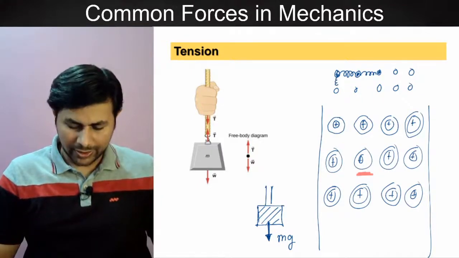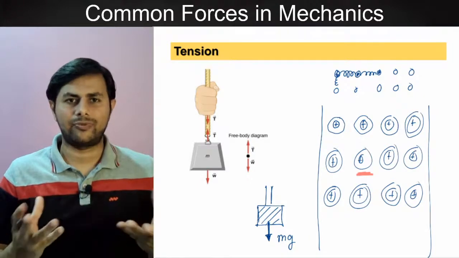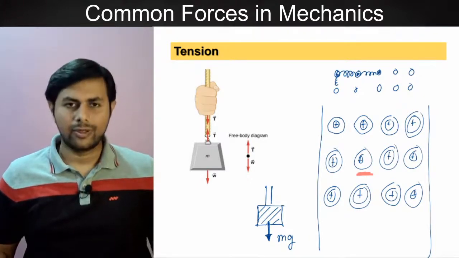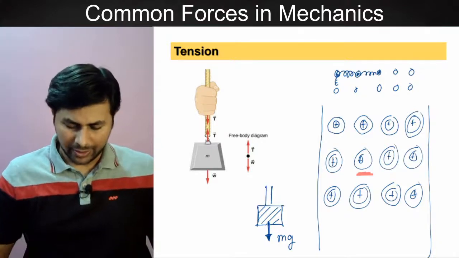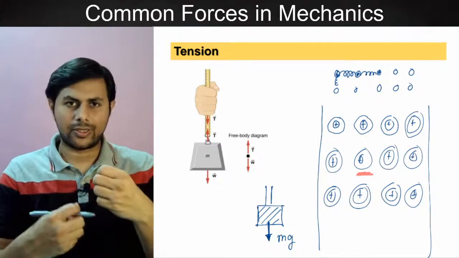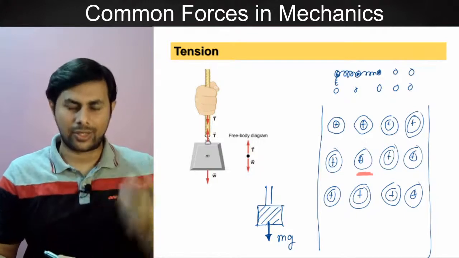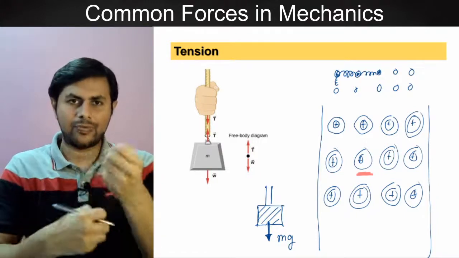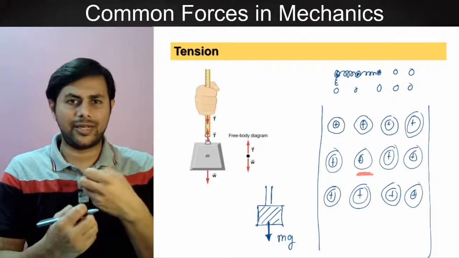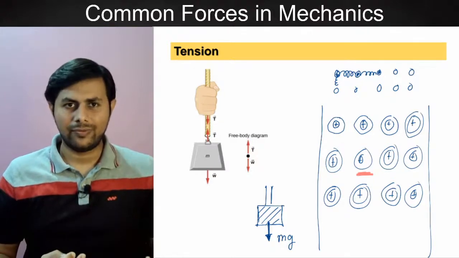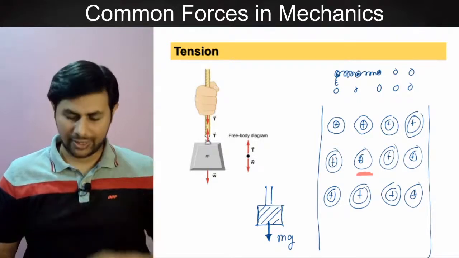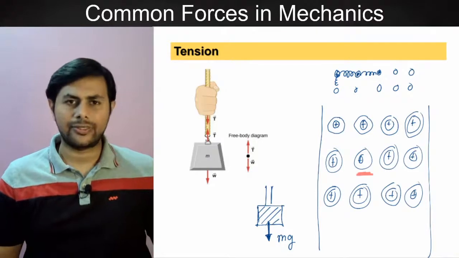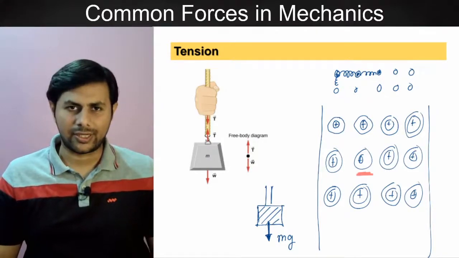So these bonds behave like springs, we can say. Now when some external force is applied, when we pull a string or a rope, these springs, these bonds, get stretched, and they want to restore themselves back. So there is a restoring force acting between these molecules, and it is known as tension in the string.